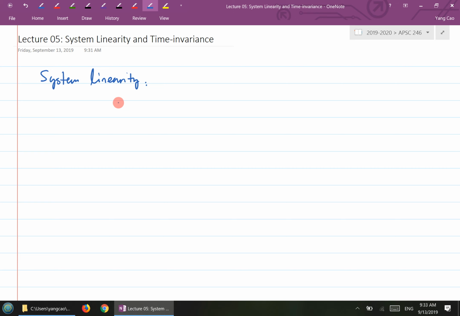Just a quick review on system linearity. A linear system must satisfy the following two properties. First one is the additive property.